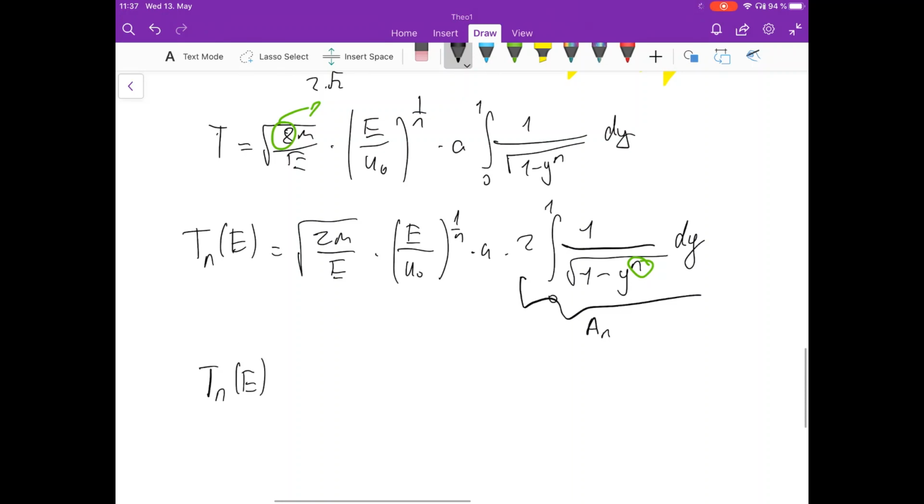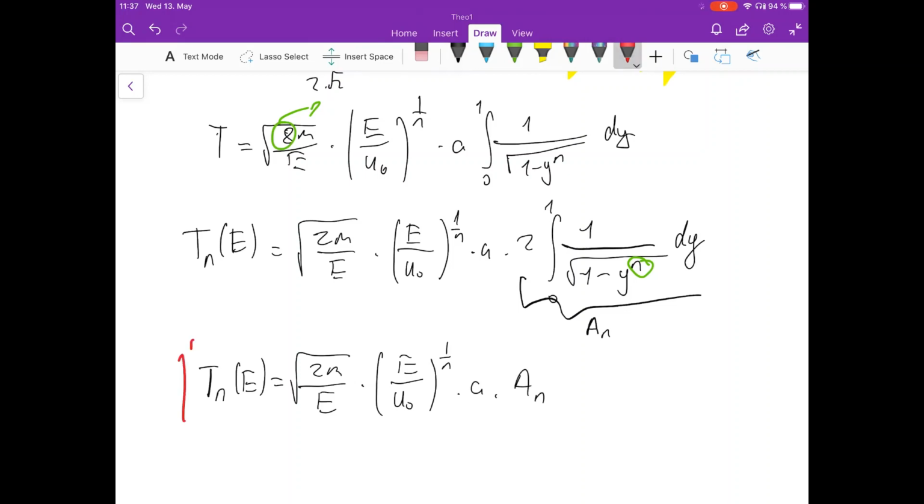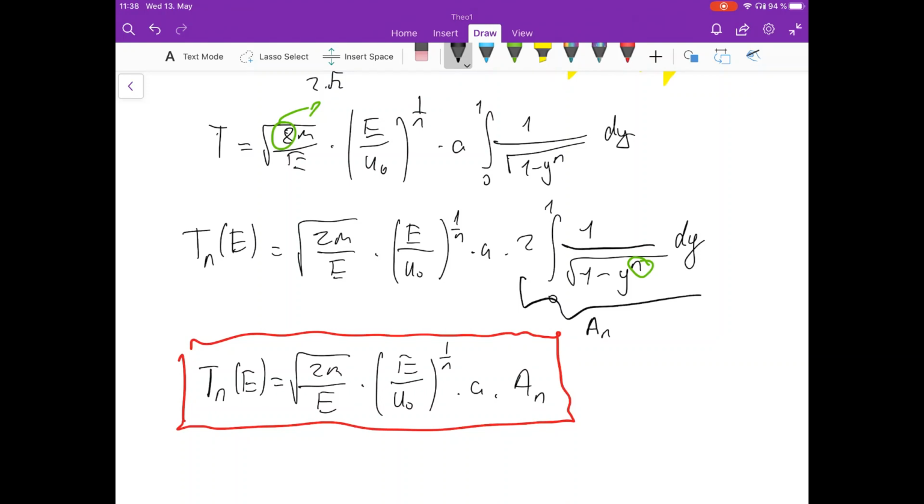So let's write it down again as it's in the paper. So T_n of e is going to be equal to the square root of 2m divided by e times E divided by u null to the power 1 over n times a times a_n, and this was what we were looking for from the beginning.